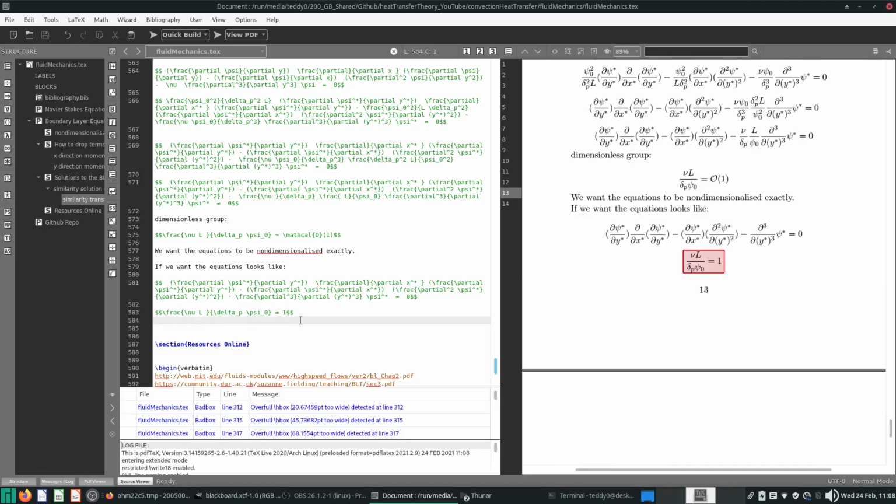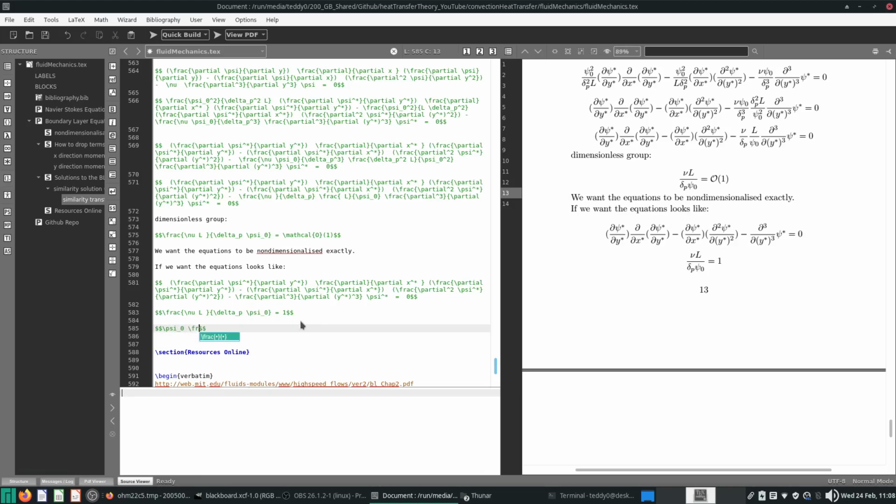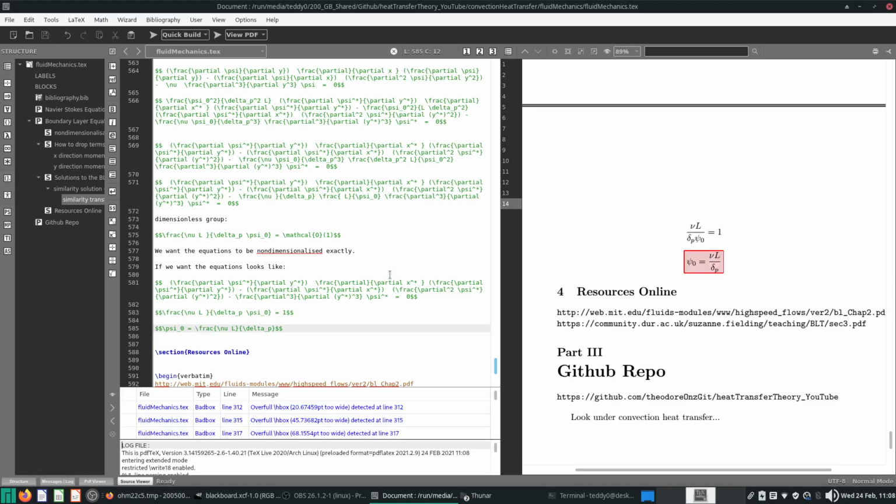So what does this imply? This implies that psi naught takes an interesting form here. Psi naught equals nu L over delta p. That's an exact way of putting it.